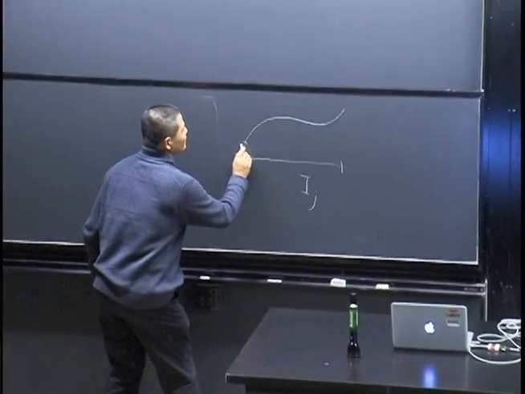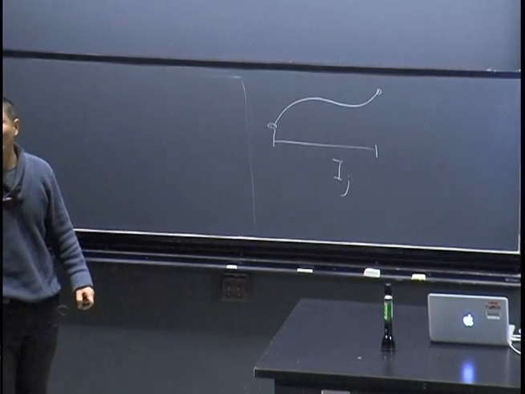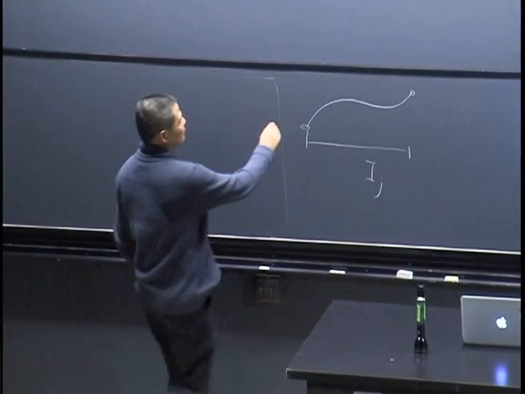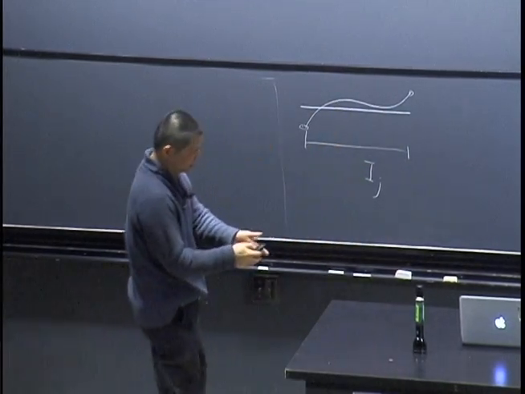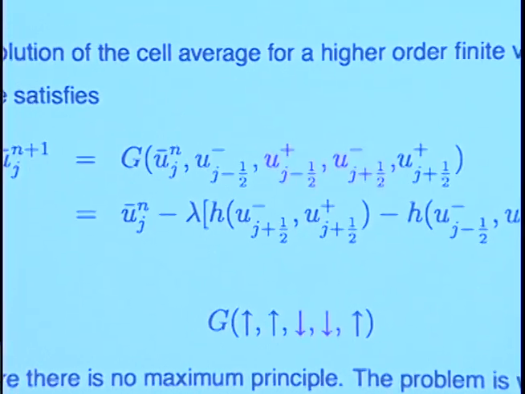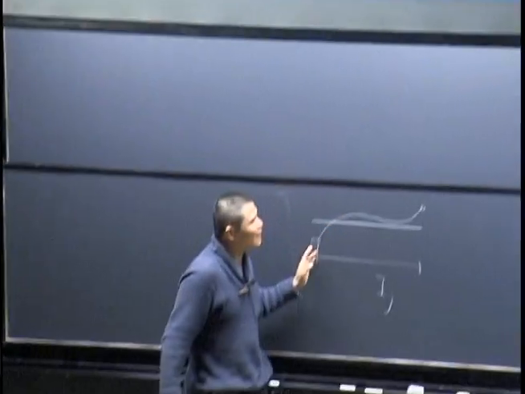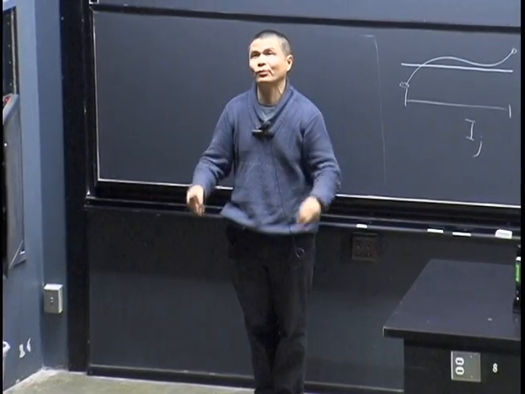Basically, the 2 bad values are the 2 values on the boundary of this polynomial. And the good one, the cell average, which is very good, is the cell average of the same polynomial. So these 2 bad values and this good one are closely related. They come from the same polynomial.